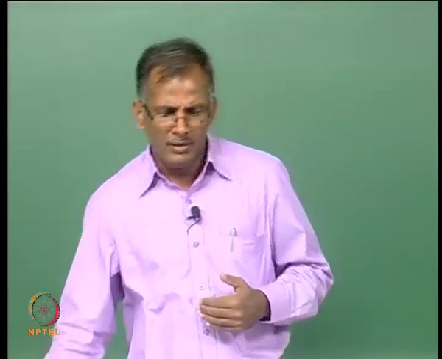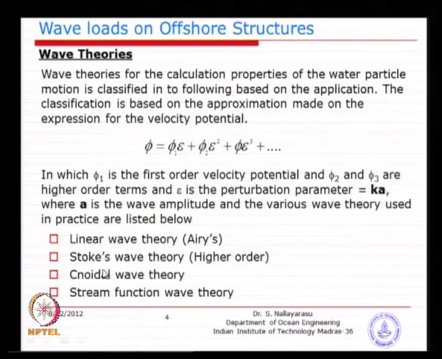That is exactly what takes us from linear wave theory to nonlinear wave theory, and the nonlinear theory was developed by Stokes. That is why we sometimes call it Stokes wave theory of order 3, 5, 7 and so on. Alternative wave theories are also available after the linear and Stokes wave theories: conoidal wave theory, which is a specific form, and stream function wave theory, just an alternative to Stokes wave theory with exactly similar principles.